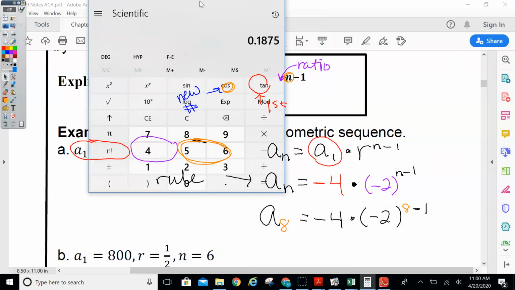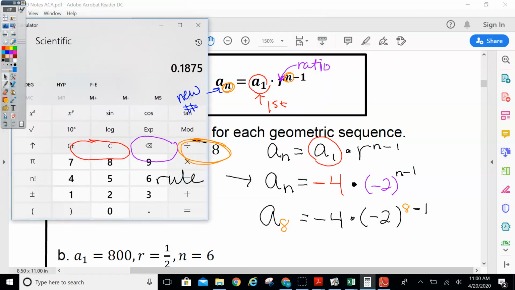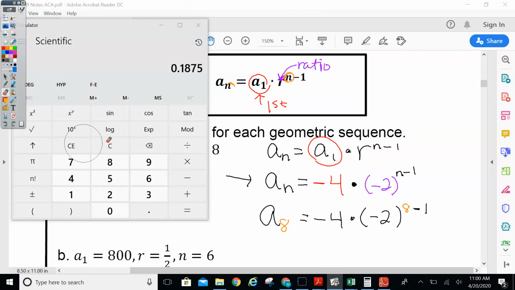For this one, all this stuff, 8, I'm not going to plug in. I'm going to start plugging in where the -4 is. So -4 times parentheses -2, close the parentheses. You do need parentheses around this one.